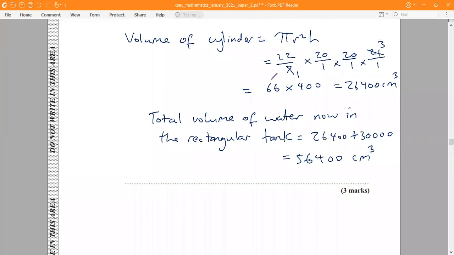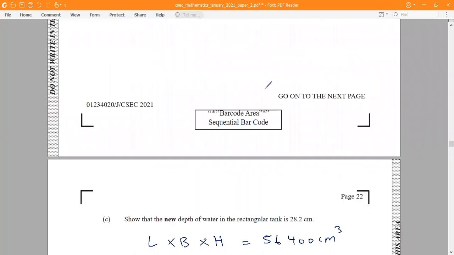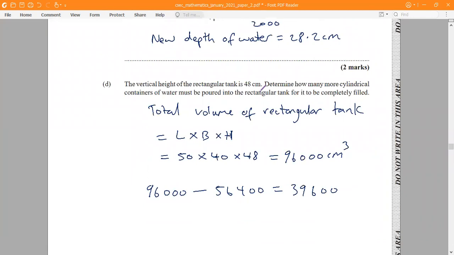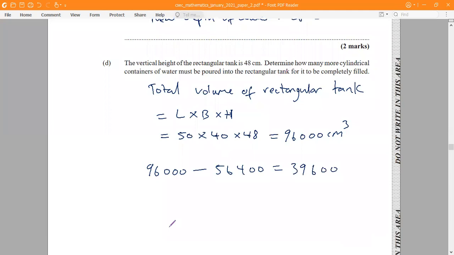26,400 cm cube is the volume of the cylinder, and they ask how many more cylindrical containers of water must be poured into the tank for it to be completely filled. So let's divide. 39,600 is the amount of space remaining in the tank.